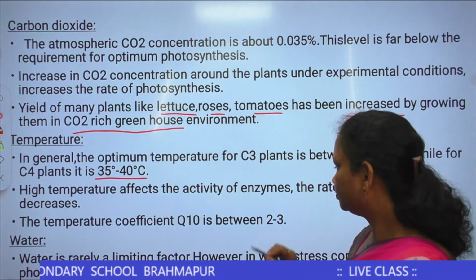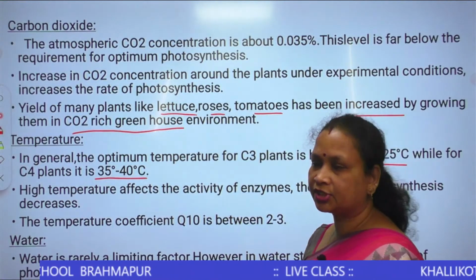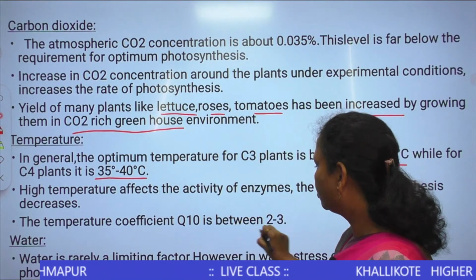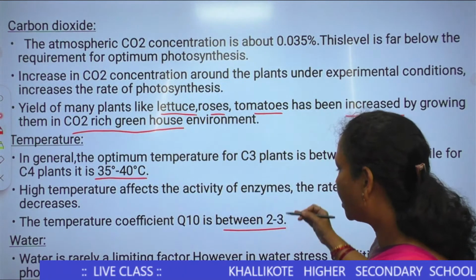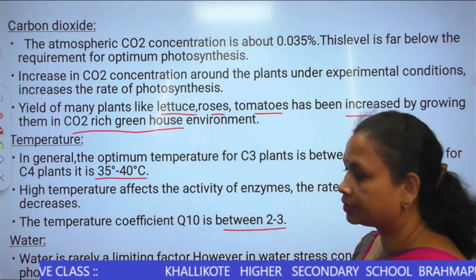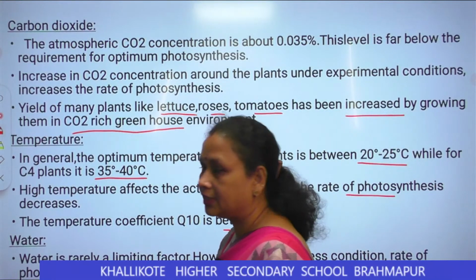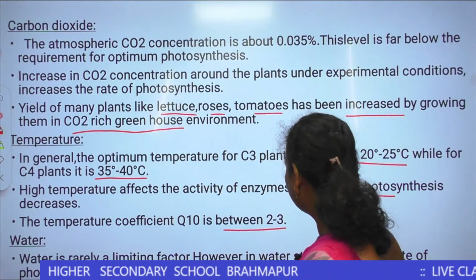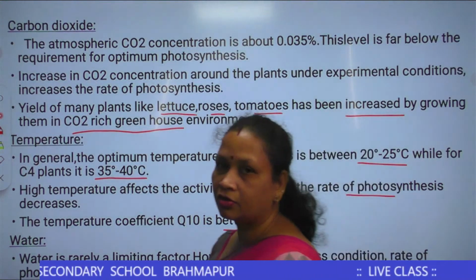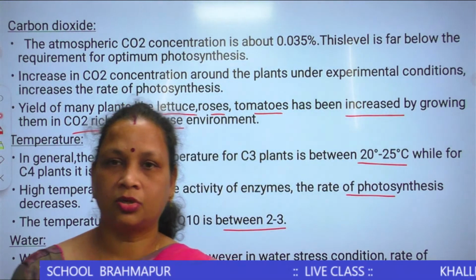For every 10 degree change, we normally see photosynthetic efficiency also increases up to a certain point. Water is rarely a limiting factor, but in water stress conditions, the rate of photosynthesis can also decrease.